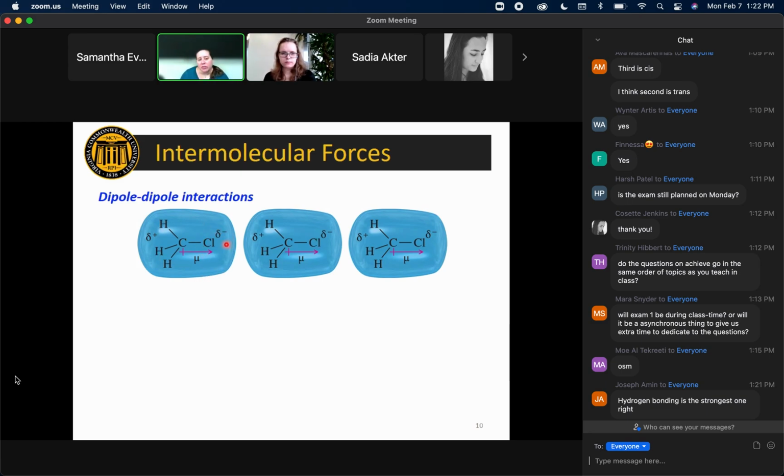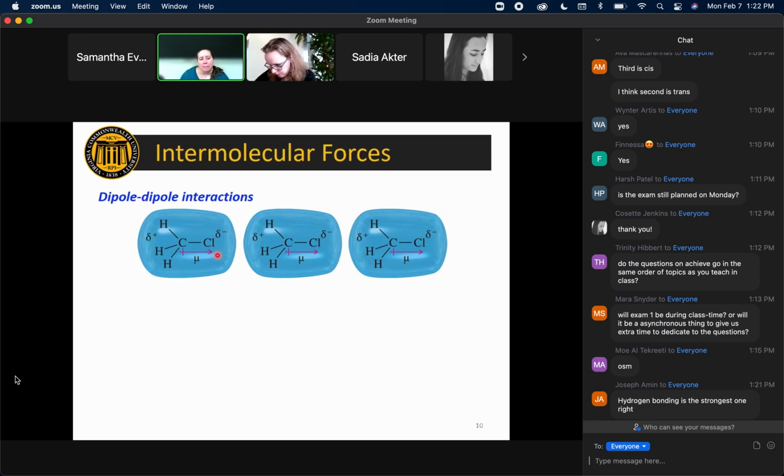Every molecule that I'm showing you here is chloromethane. They're polar molecules with an overall molecular dipole pointing to the right, as I've drawn them on the slide. There's a negative charge buildup on the right side of each molecule and a positive charge buildup on the left side of each molecule because of this highly polarized carbon-chlorine bond.